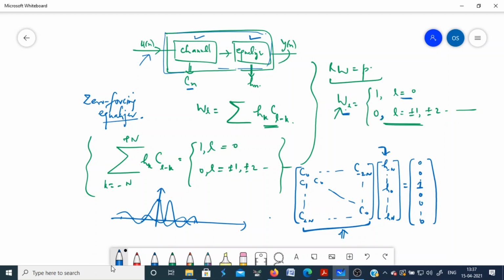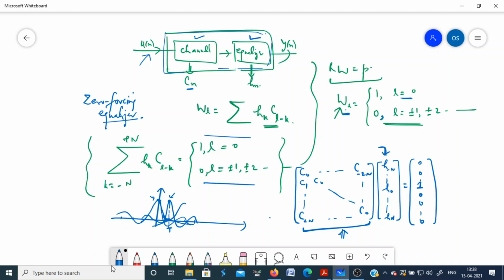When you sample the second pulse which was transmitted at t, at that time all other pulses will be going through 0, the next pulse will also be going through 0, so their contribution is 0. As a result, whatever symbol you have transmitted from the transmitter, the same you are going to receive at the receiver. Okay, this is the zero forcing equalizer.